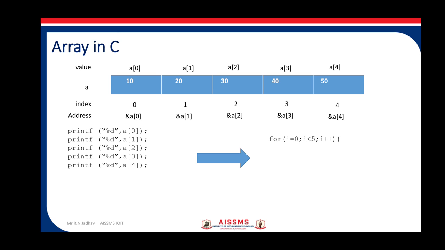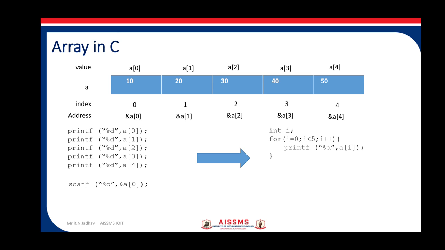If you want to repeat a particular procedure, we can use a loop instead of using the same statement again and again. So how to display the array using a loop? Just take a for loop which will start with 0, with i less than 5, and repeat the same statement using A[i]. So this will be the equivalent statement using for.